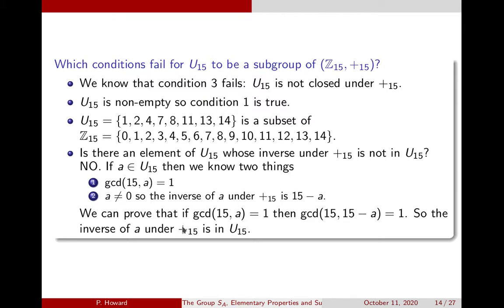If we can prove that the greatest common divisor of 15 and 15 minus a is 1, we will know that the inverse of little a using the operation plus sub 15 is in U sub 15.